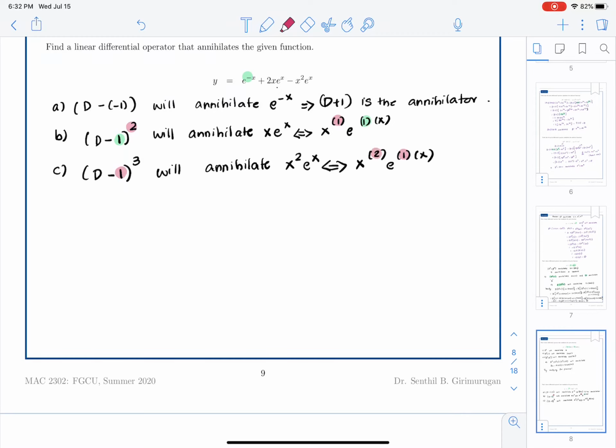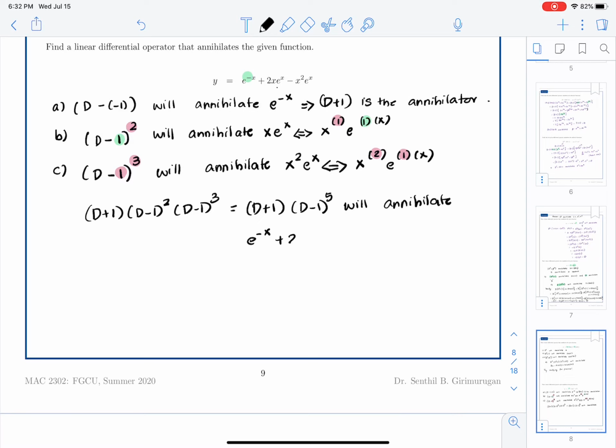The power is 2, so D cubed will annihilate x squared, hence D minus 1 cubed will annihilate x squared times e raised to x. So the operator is D plus 1, times D minus 1 squared, times D minus 1 cubed, which is D plus 1 times D minus 1 raised to 5, and it will annihilate e raised to minus x plus 2x e raised to x minus x squared e raised to x.